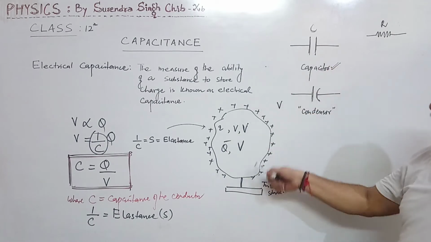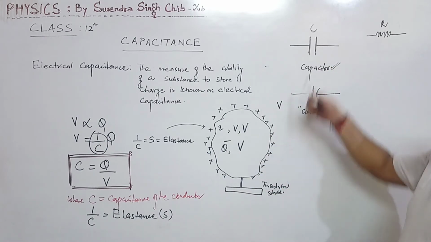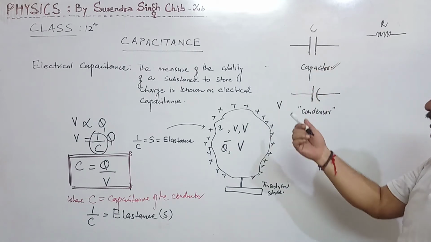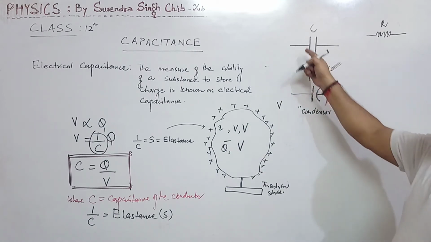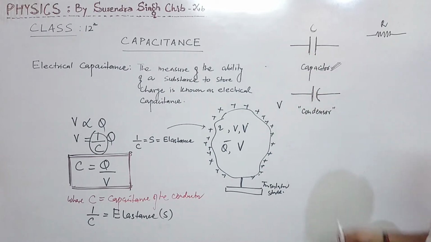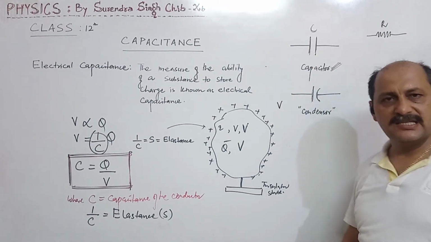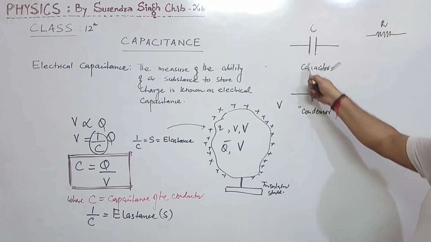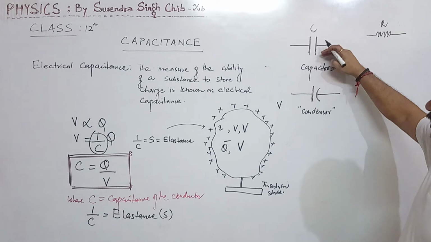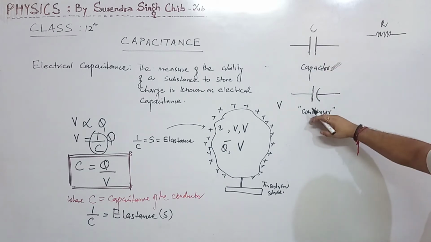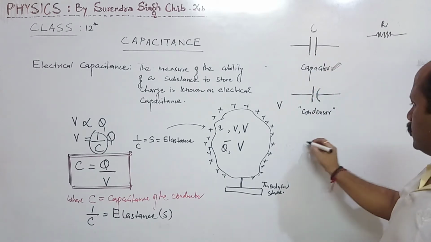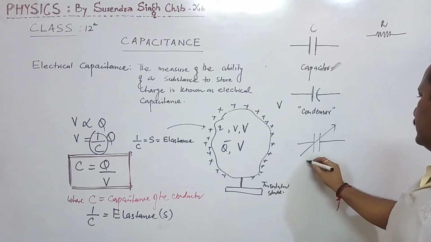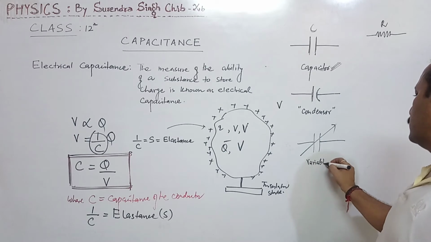Similarly every body has a capacitance, with symbol C, and the device that holds charge is called a capacitor. For all types, spherical capacitors, cylindrical capacitors, we use this symbol. This is the old name of capacitor. If I put an arrow into it, this is called a variable capacitor.